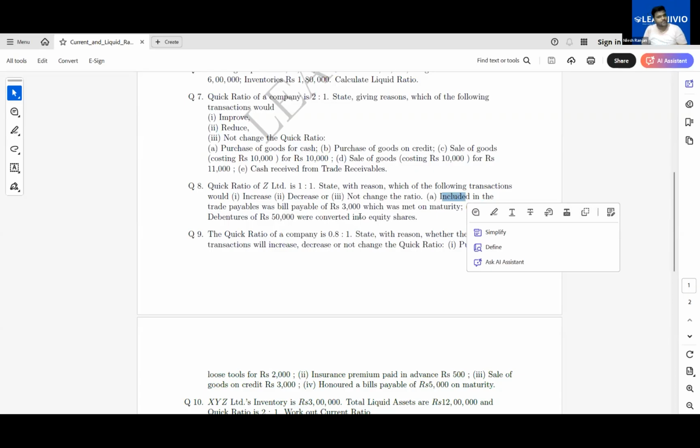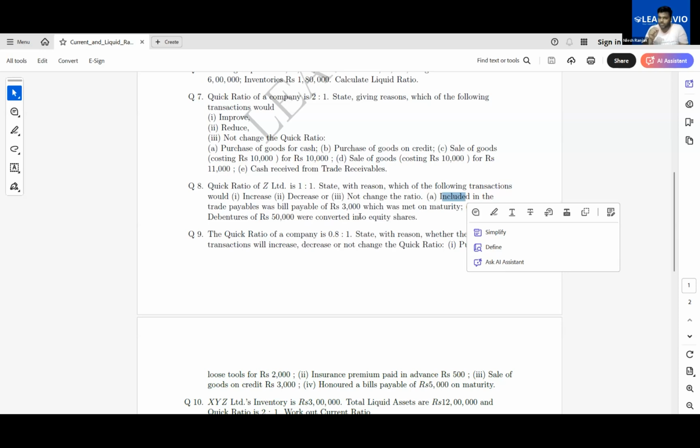Let's say 1 month, 2 month, 3 month, that you have to pay after. So after this completion of time, it is called that the bill matured. It is the maturity of the bill.